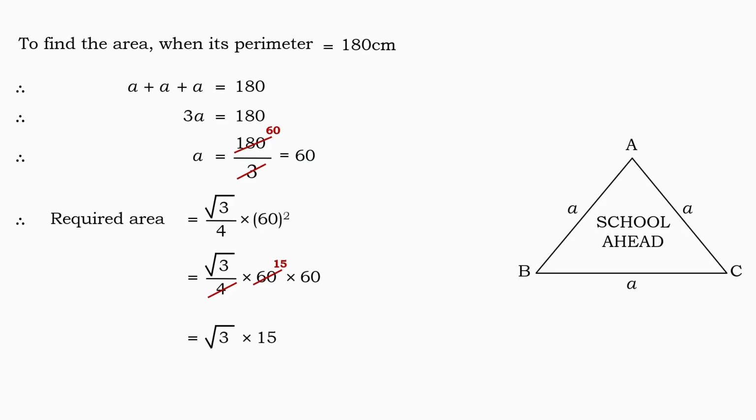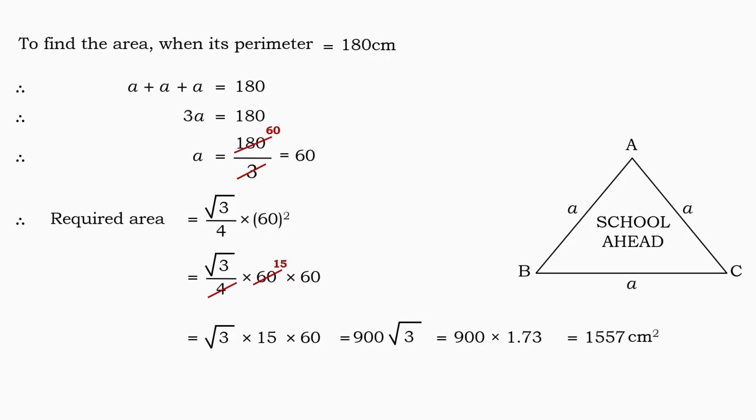Now it is coming root 3 into 15 into 60, that is equal to 900 root 3. So 900, now we know the value of root 3 is 1.73. So now let us multiply this. So we will get 1557 approximate value. This is going to be the approximate value, 1557 centimeter square.